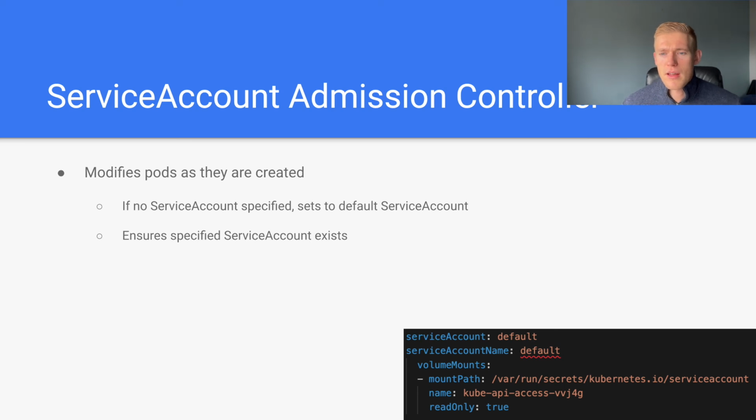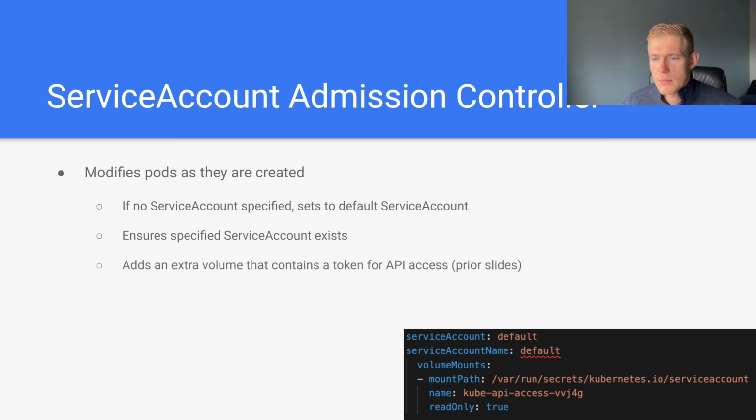It ensures that specified service accounts exist when we create a pod. It adds an extra volume that contains a token for API access, and it adds a volume mount to each container in the pod. And this is part of what is done by the admission controller.